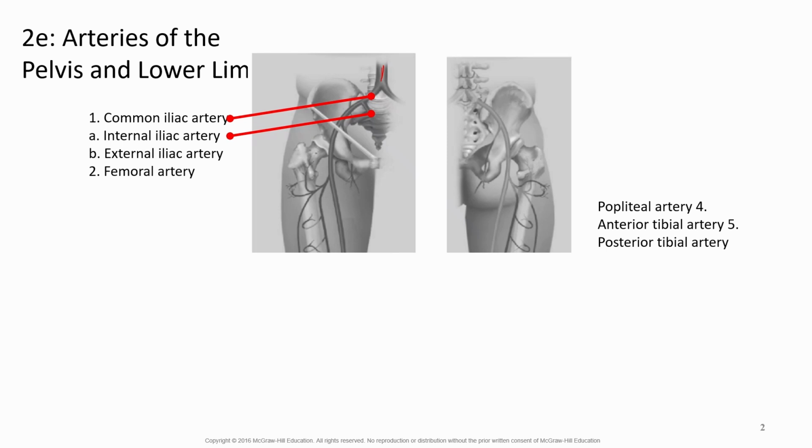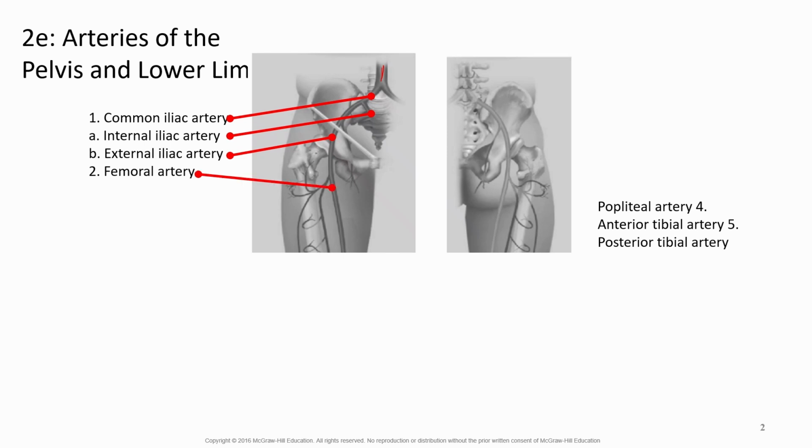The internal services the organs of the pelvis, reproductive organs, and the rectum, and then the external, of course, goes down to the legs. When it gets to the femur, your thighs, it becomes the femoral artery.